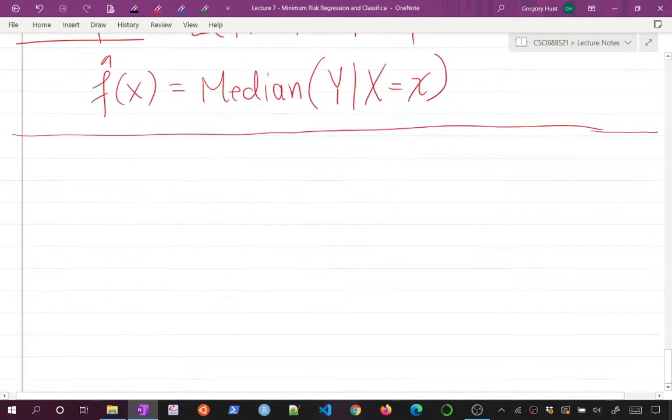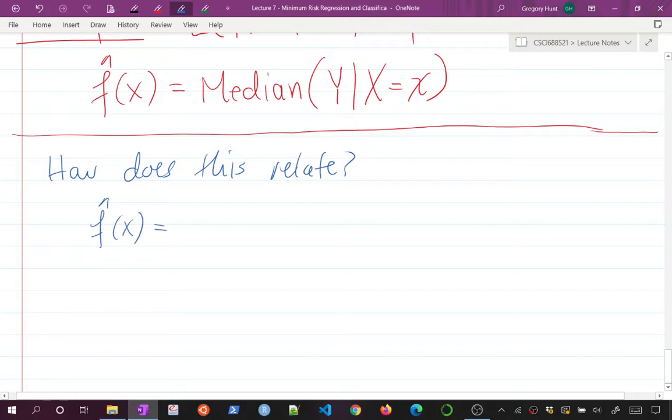So how does this relate? Because this is kind of a bunch of theory. So what we saw is that f hat of x, the best thing to do is to predict a conditional mean of y given x is some little x.